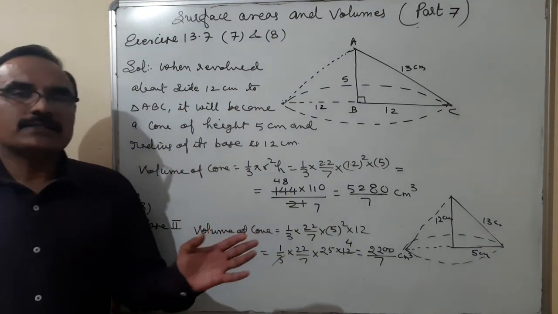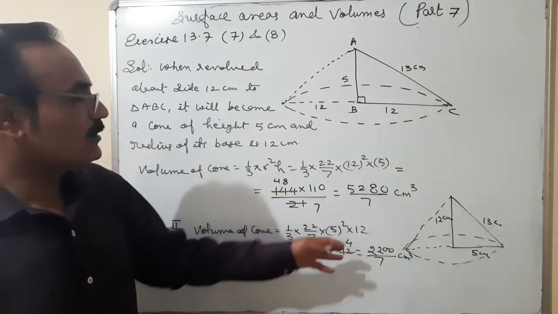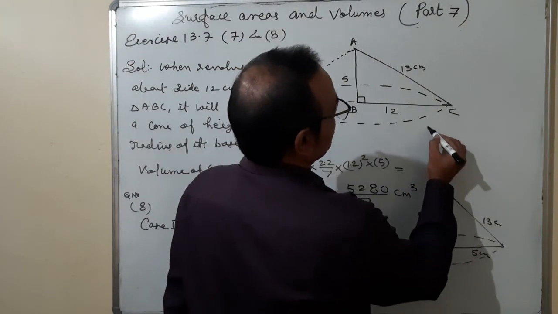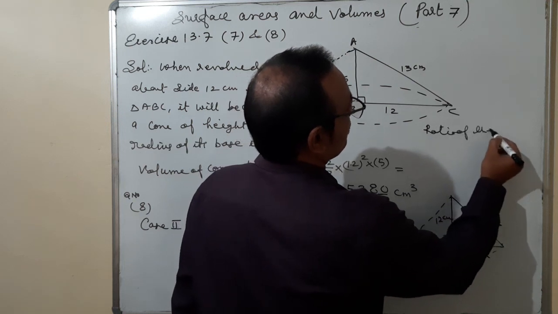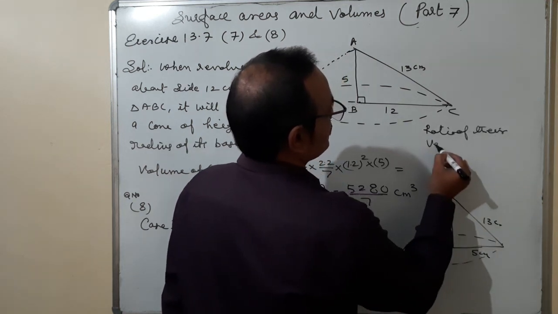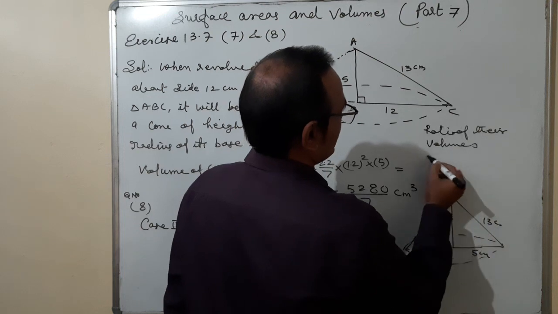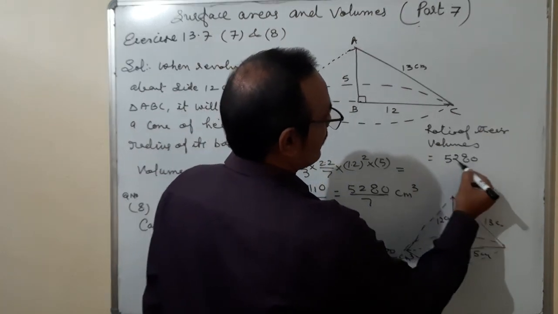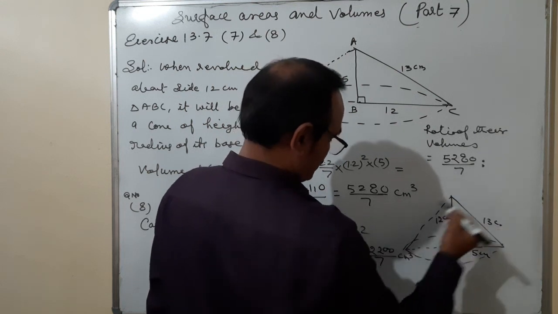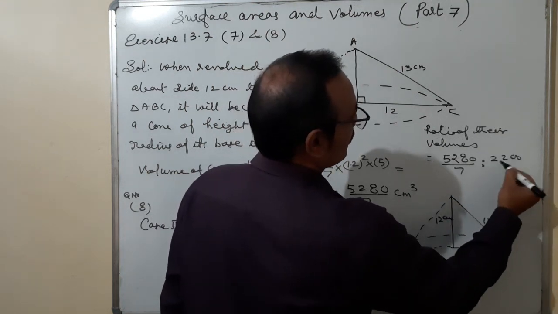After that they are asking what is the ratio of their volumes. So the ratio of their volumes is equal to 5280 upon 7 ratio 2200 upon 7.